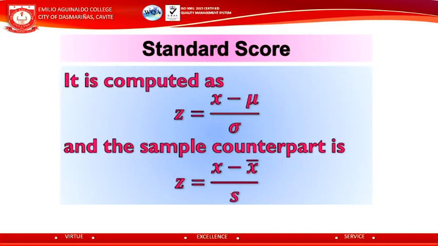Okay. This is computed as z is equal to x minus our mean over our standard deviation. And the sample counterpart is z is equal to x minus mean pa rin over our standard deviation. The other one is for parameter and the other one is for the sample or statistic.